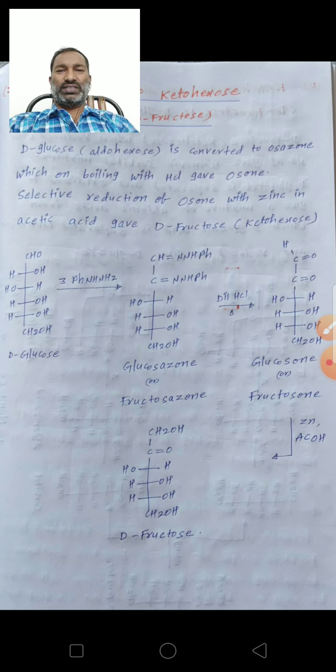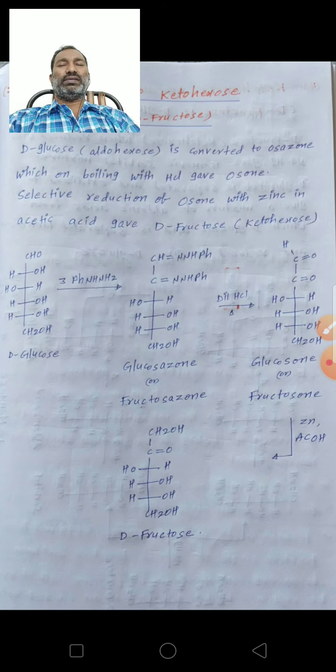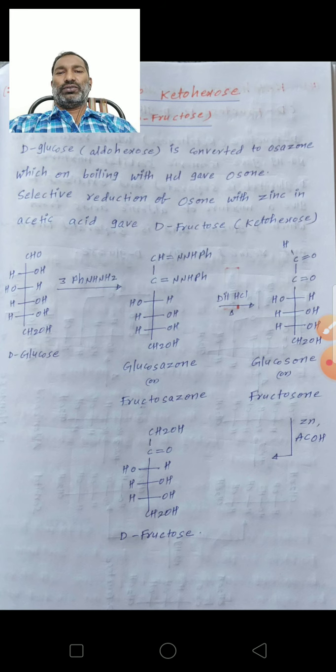We know the glucose structure and fructose structure. Glucose contains the aldehyde functional group and 6 carbon atoms. Fructose contains the keto functional group and 6 carbon atoms. So example of this conversion is D-glucose to D-fructose. So see how this conversion takes place.